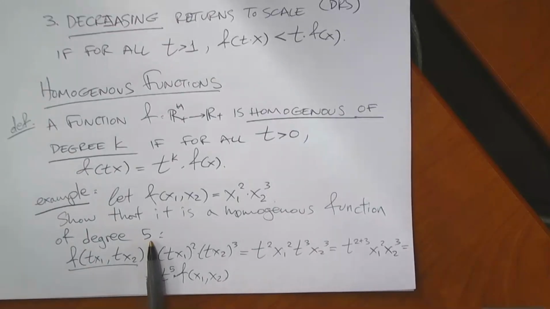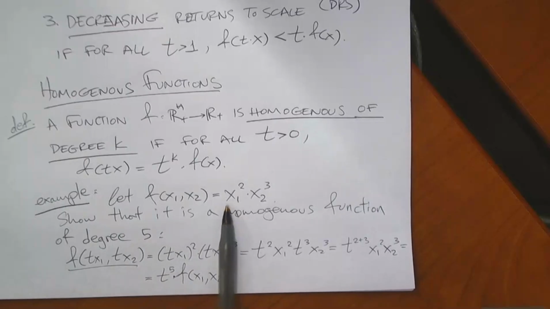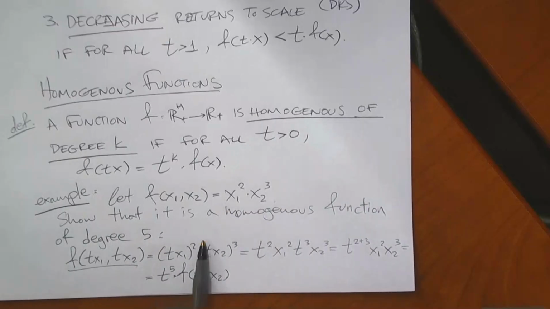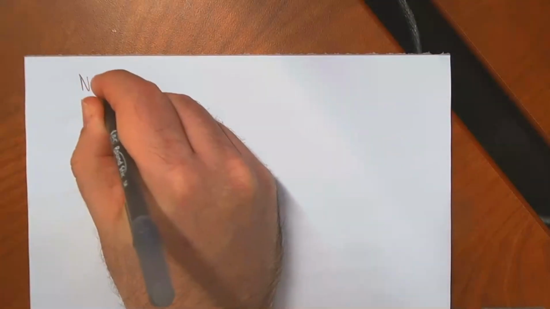So we are effectively showing, according to our definition, that this function is homogeneous of degree 5 because it simply follows that particular pattern. Does that make sense? So I will say that generally speaking, I'm going to say here, note 1.